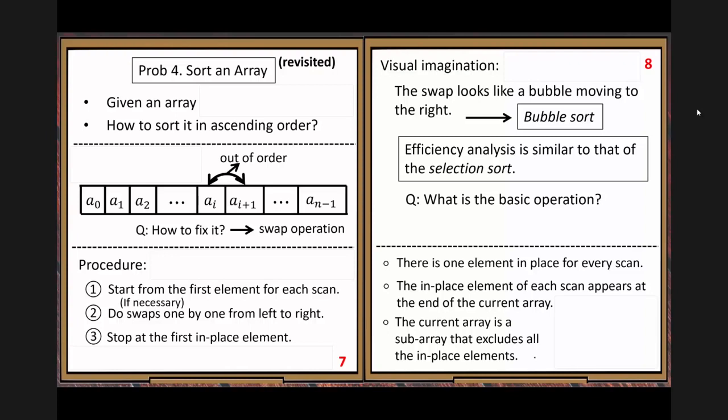Swap is basically a few assignments, three assignments. That's one swap operation.